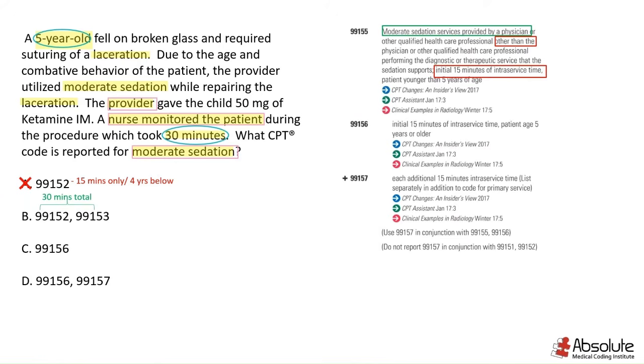In our scenario, the same provider who performed the laceration repair gave the moderate conscious sedation, so that is a totally different family. With that said, options C and D are incorrect, as both are not coding for the same provider. The correct answer for the scenario is option B.